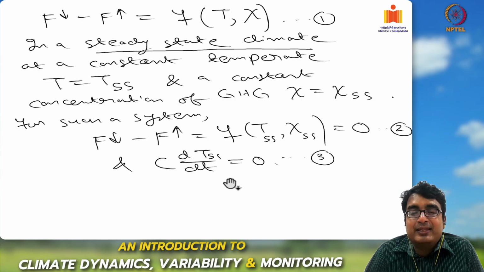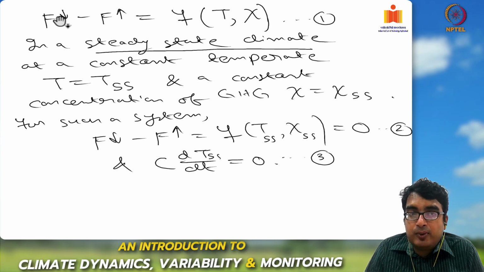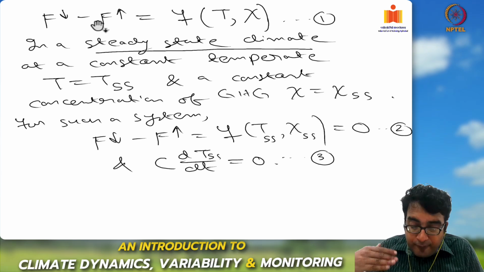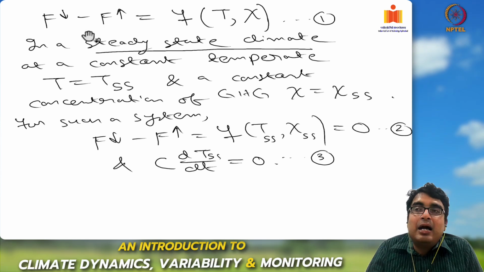So in that case, because the incoming shortwave radiation is taken to be a constant of 240 watt per meter square, the functional dependence of this net incoming radiation is only based on the functional dependence of the outgoing OLR.